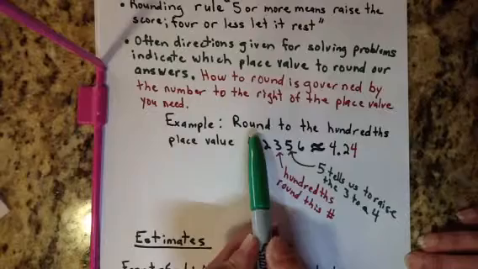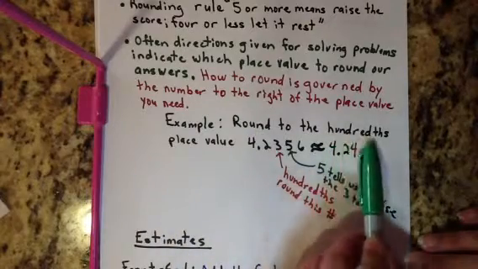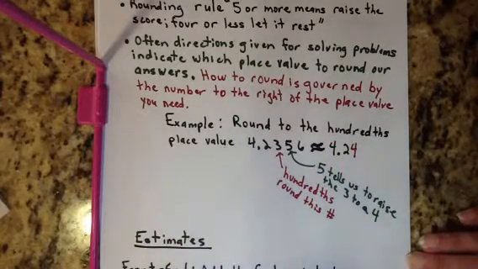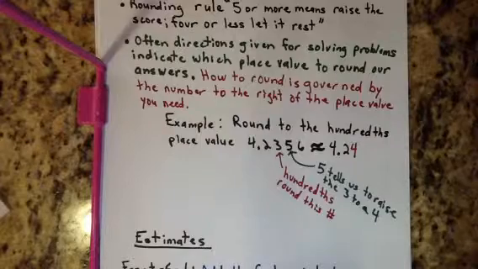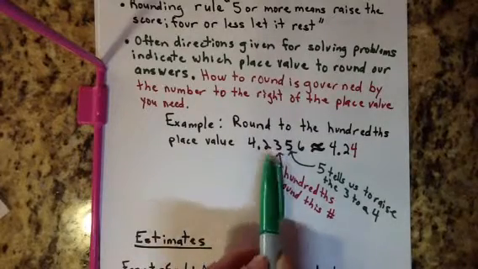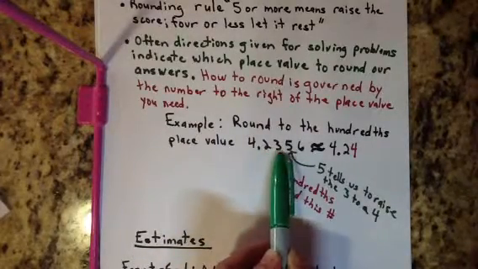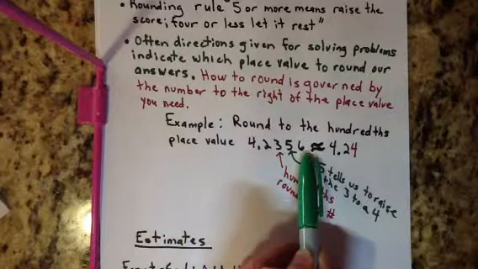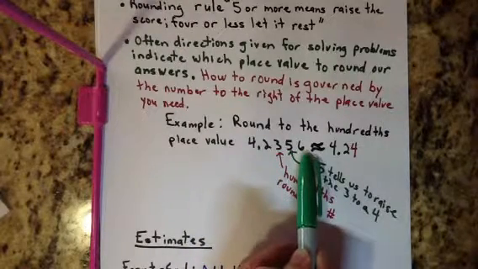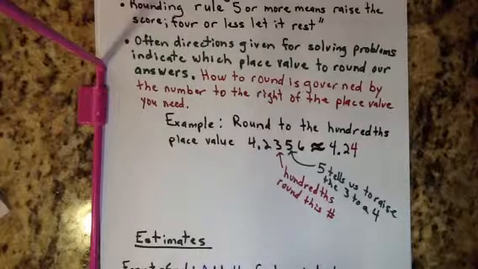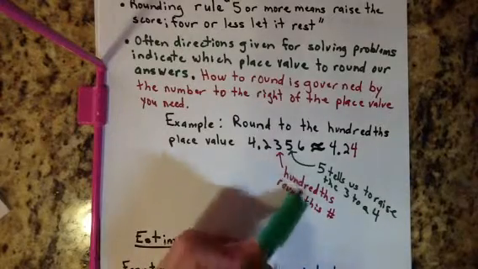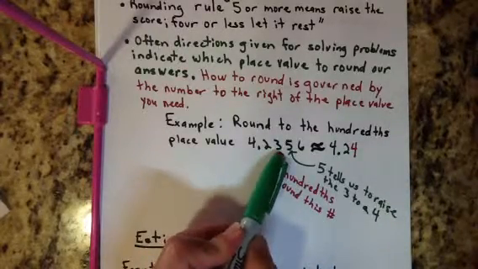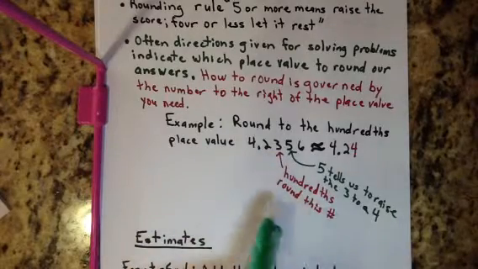If directions say round to the hundredths place value, first let's identify that. Beyond the decimal, we have tenths, hundredths, thousandths, ten-thousandths in this particular example. So if we're rounding to the hundredths, that would be the second place value beyond the decimal.